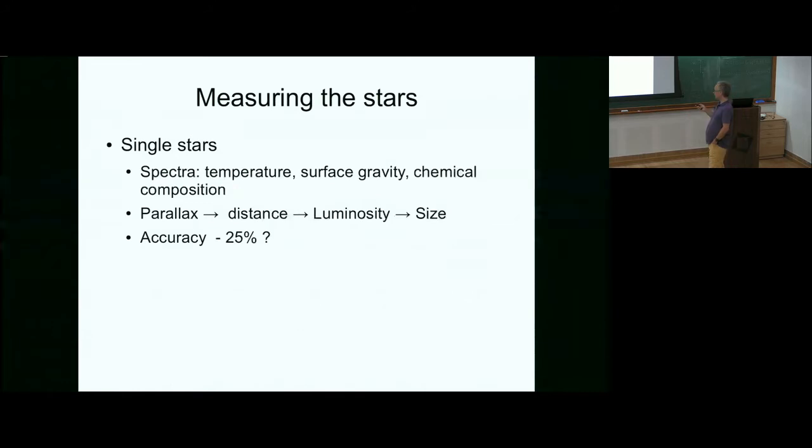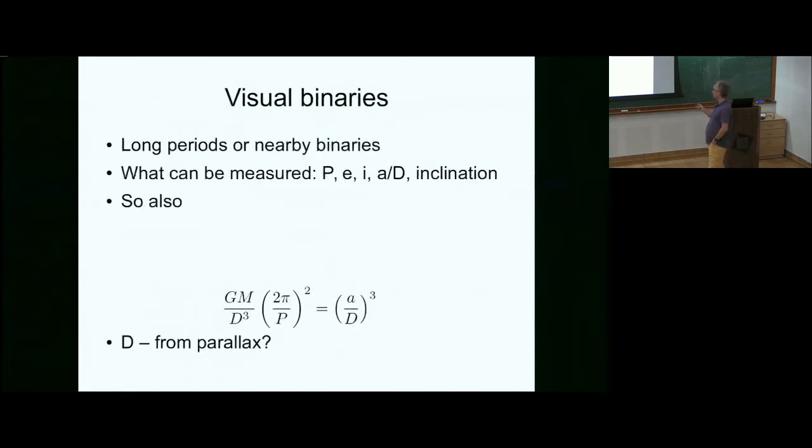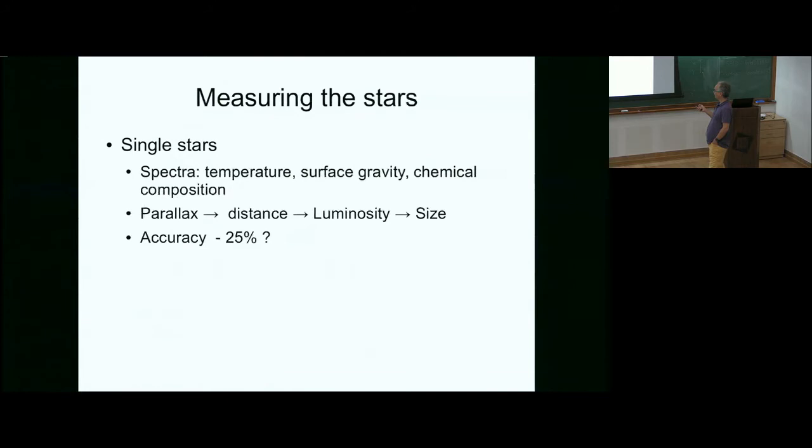If you do a much more precise measurement of the spectrum and look at spectral lines, you can estimate the surface gravity, and that's already one clue on the size and mass of a star, because the surface gravity is a function of mass and size of the star.